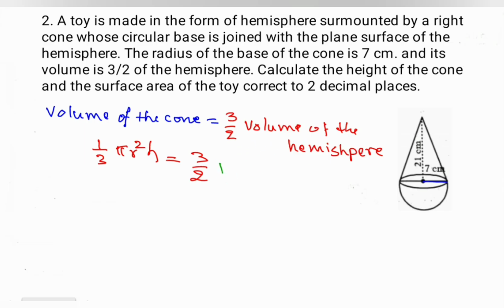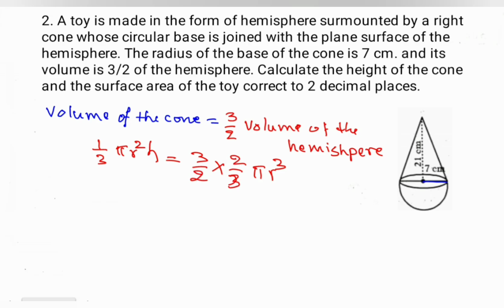The volume of the hemisphere is 2 by 3 pi r cube.